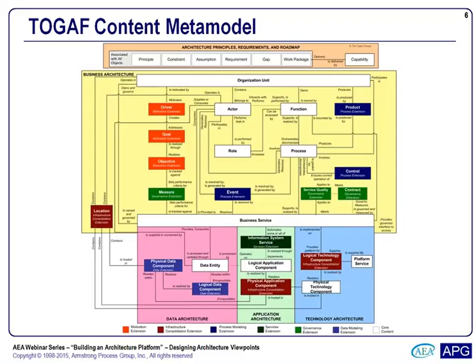But again, what we find is that this is a great place to start the discussion about what kind of things we want to keep track of in our architecture repository. We want to elevate the discussion a little bit higher to say this content metamodel is not just about tooling, although that's going to be a big focus of how we position it today, but it's really, more importantly, the language that we're agreeing to use within the enterprise to describe the enterprise, because there's a lot of subjectivity and diversity in the terms that we can choose to use to do that.